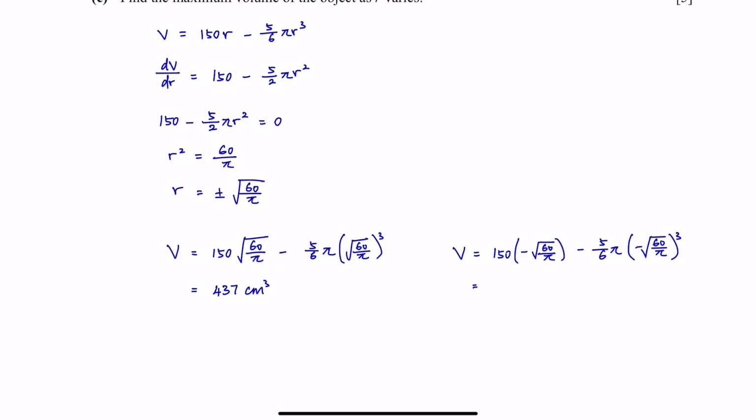And this would be equal to negative 437 cm cubed. And volume cannot be a negative value, so we need to reject this. And we know that 437 would be the maximum volume.